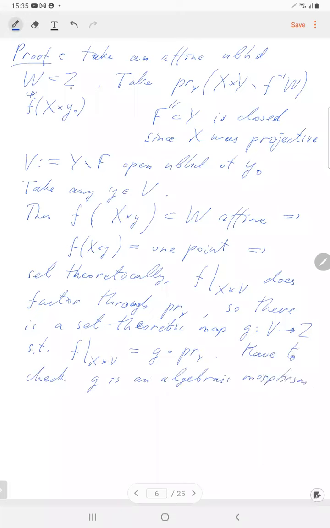But this is immediate, because G is just F restricted to any point x0 times V, just by the very construction. Fine, so we proved this, but only in the open subset.